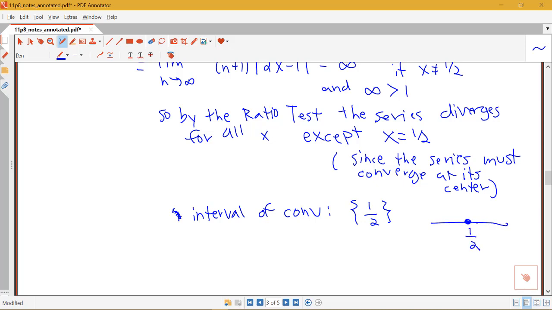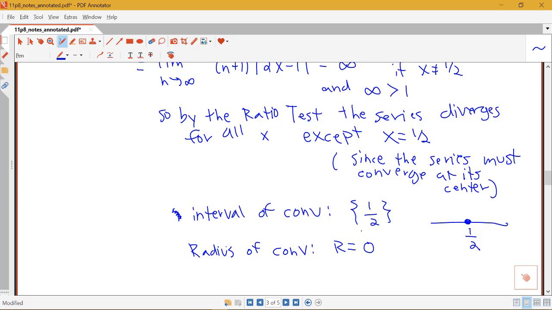So to denote just a single point, we just use these curly braces. Okay, it doesn't include anything on either side of that, it's just the point 1/2. And for the radius of convergence, we would say that the radius is 0, because I go 0 away from 1/2 to get to any other values here.